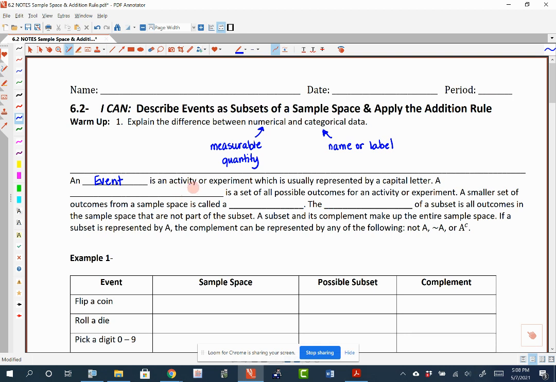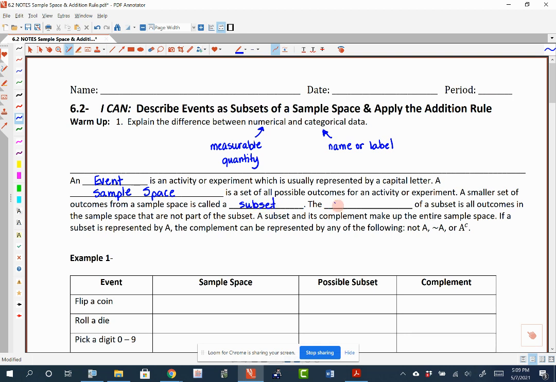And a sample space is a set of all possible outcomes for an activity or an experiment. So an event can have some possible outcomes. A smaller set of outcomes from a sample space is called a subset.